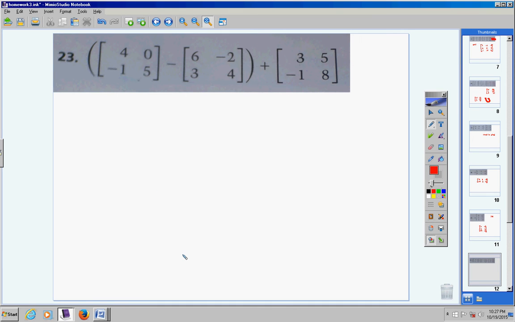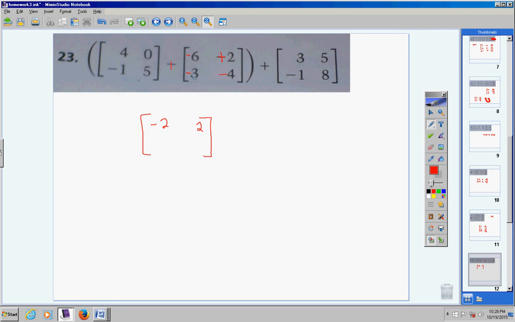Now, guys, stop and think. You all see the parentheses right here, do you not? So that means we're going to first subtract these two matrices before we do anything else, okay? So here we go. I'm subtracting two matrices. I'm going to make this a positive and then change all the signs. 4 plus a negative 6. 0 plus 2.